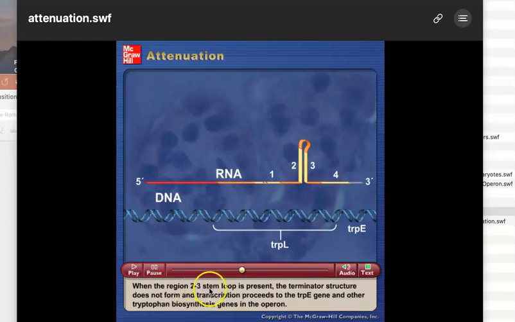When the region 2-3 stem loop is present, the terminator structure does not form, and transcription proceeds through TRP-E, the main biosynthesis protein, and other tryptophan biosynthesis genes in the operon.